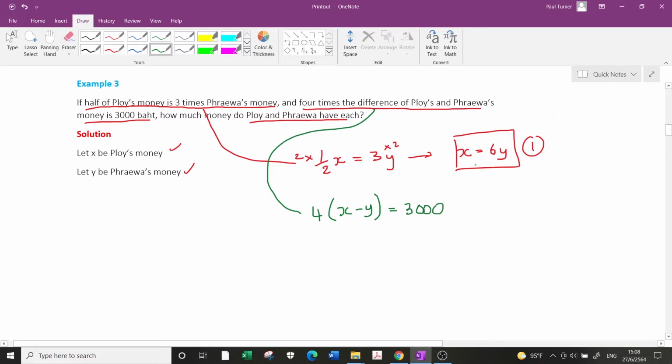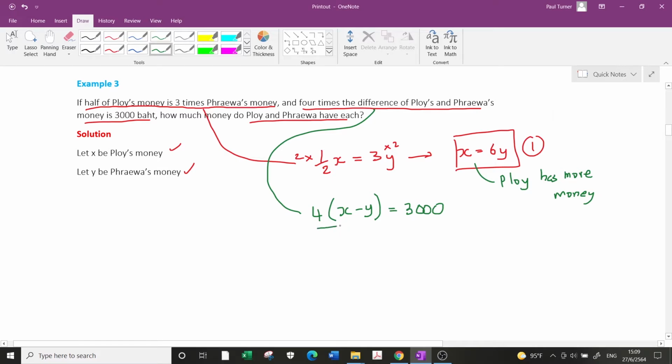In this case, we can see here Ploy has more money. So that's why I put x first instead of having y first here. So this would be your second equation.